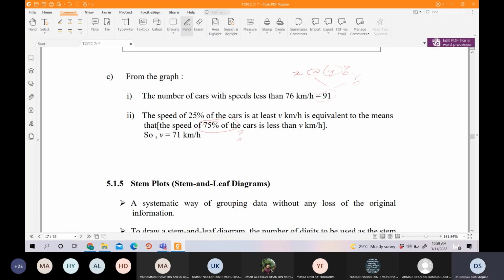What do I understand about this statement? How many total cars do we have? Total of the cars, 100. Okay.